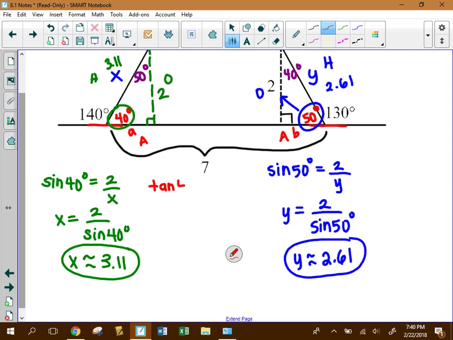So the tangent of 40 degrees would equal 2 over A on the left, and then the tangent of 50 degrees would equal 2 over B on the right. And so you could go through and solve those. Once you have those solved, then what you would do is you would just subtract that value from 7.